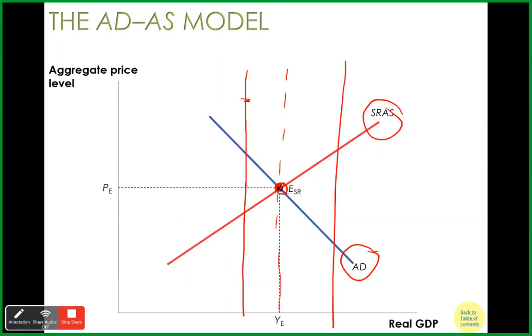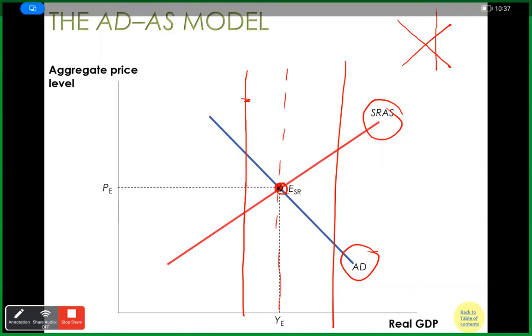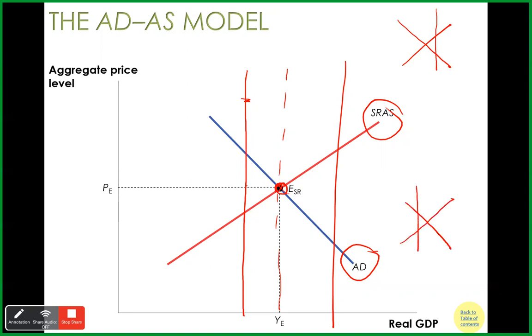It could be the case like this: you have supply, you have demand, and the long run is on the right-hand side. Or if you have demand and supply, the long run is like here. But the third case is supply and demand exactly matching each other.